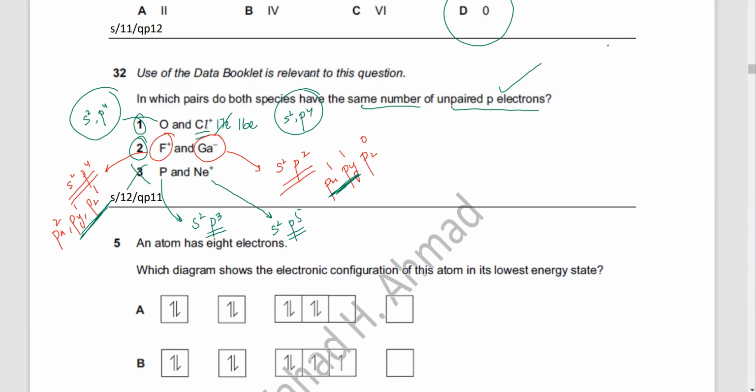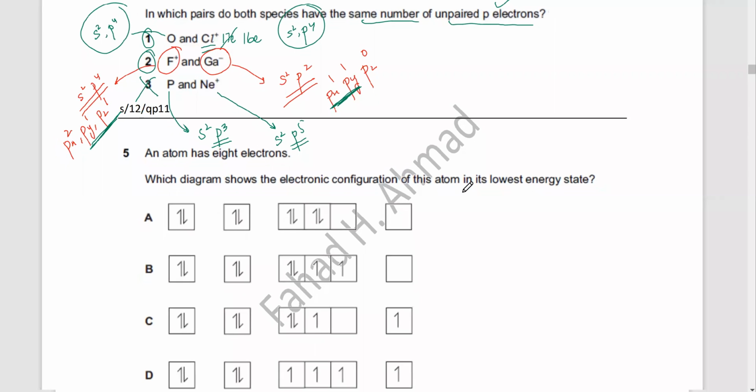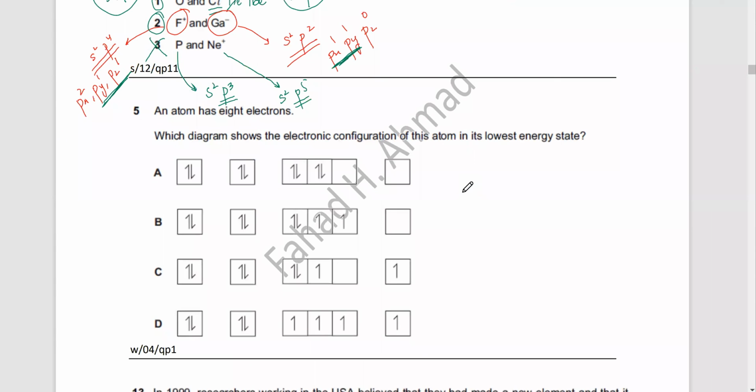Yes. So let's do the last one, which is: an atom has 8 electrons. We talked about this box representation. This is 1s, 2s, 2p subshell, then 3s, and so on. So the orbitals would be represented by boxes, where I told you about the opposite spins.